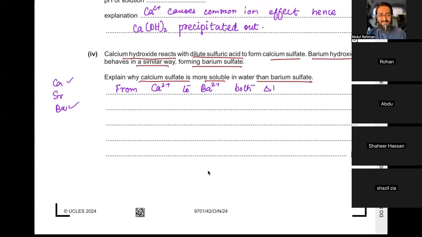Both lattice energy and enthalpy change of hydration get less exothermic, right? But in case of sulfates, the change in enthalpy change of hydration is greater than the change in lattice energy.